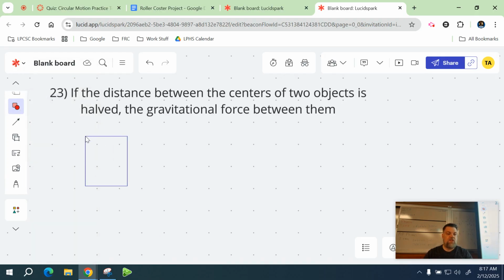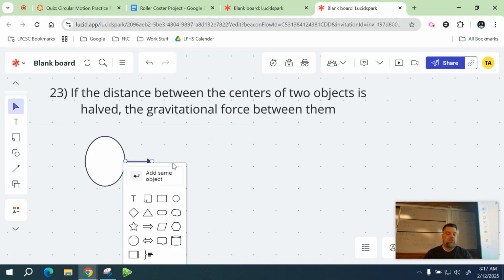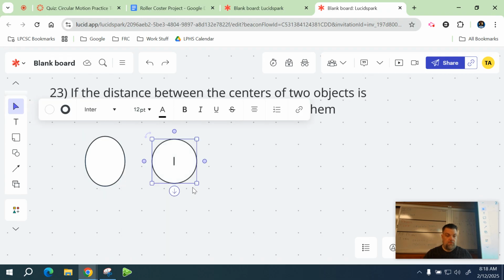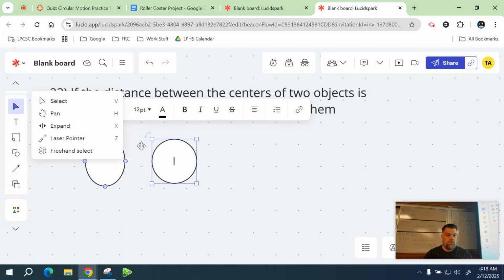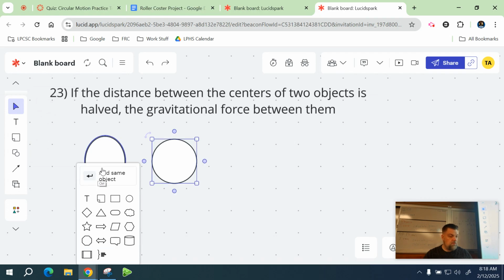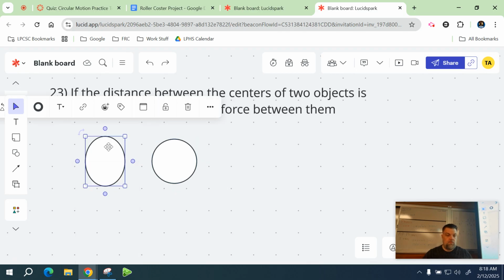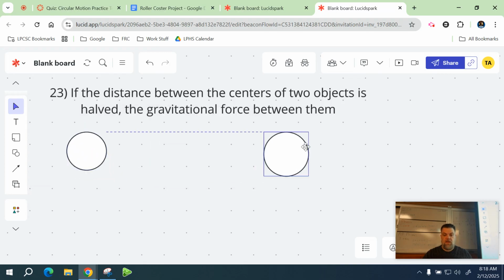So I've got this object here, and I've got this object here.